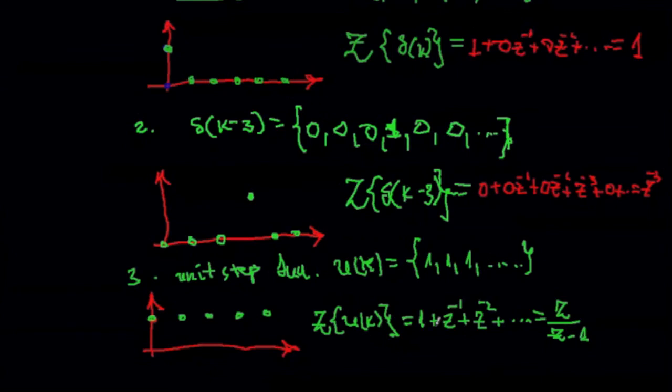How is it possible that this infinite series becomes a finite expression? This is going to be explained in the next lecture, but behind it is just the notion of a geometric series.